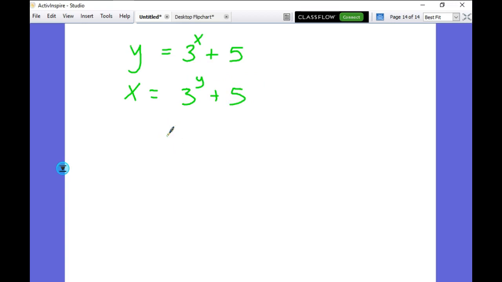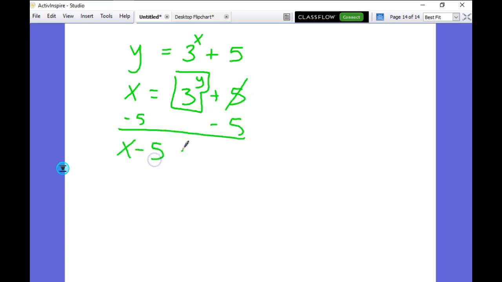Now what? Good, right? We want to have just this before you log both sides. You want to get rid of any extra numbers, right? So we're going to start by subtracting. It's the same kind of idea as we have with the logs. Outside numbers, get rid of those first. So let's do that. Move the 5 over.